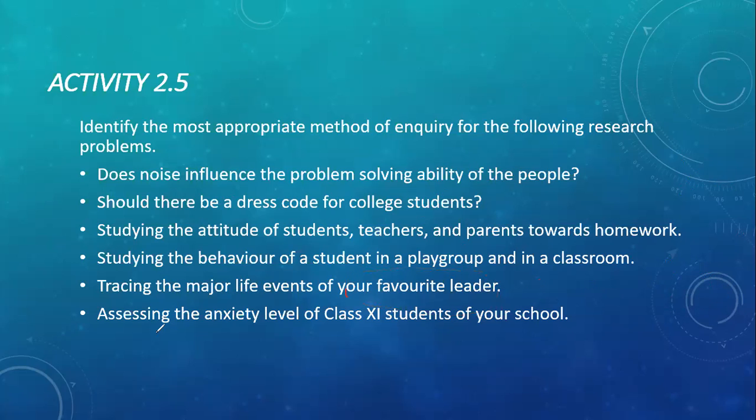Okay. Assessing the anxiety level of class 9 students of your school. Anxiety, particularly, you can do observation method, interview method, and an anxiety scale is there. Scale is available. You can apply the anxiety scale on class 9 students.